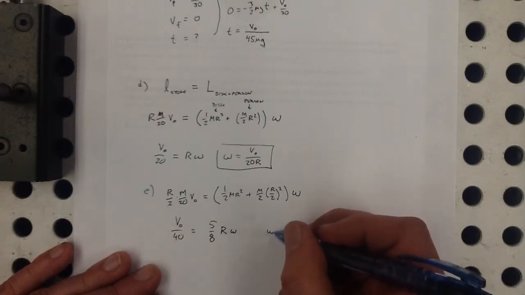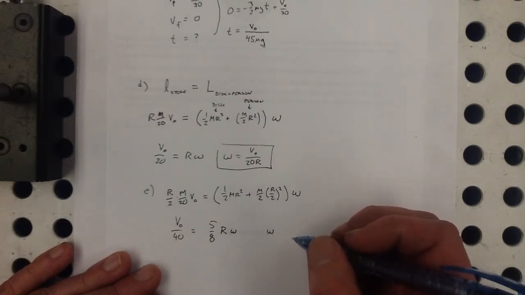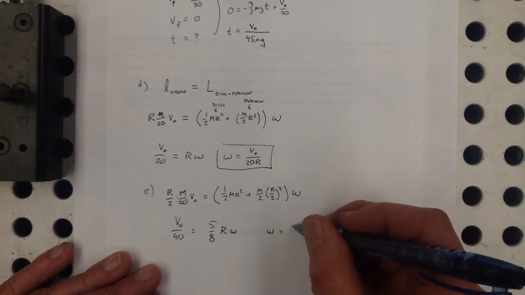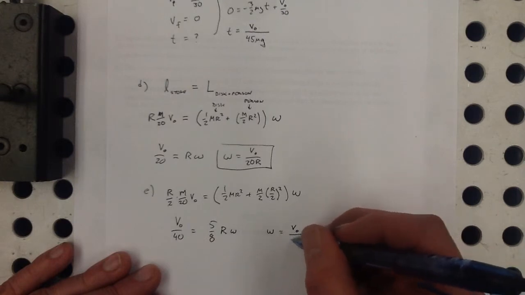So omega is going to be equal to v sub 0 over 25r.